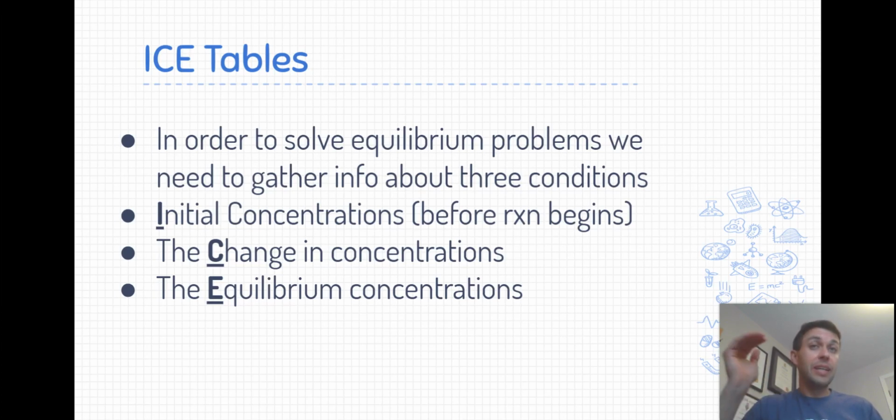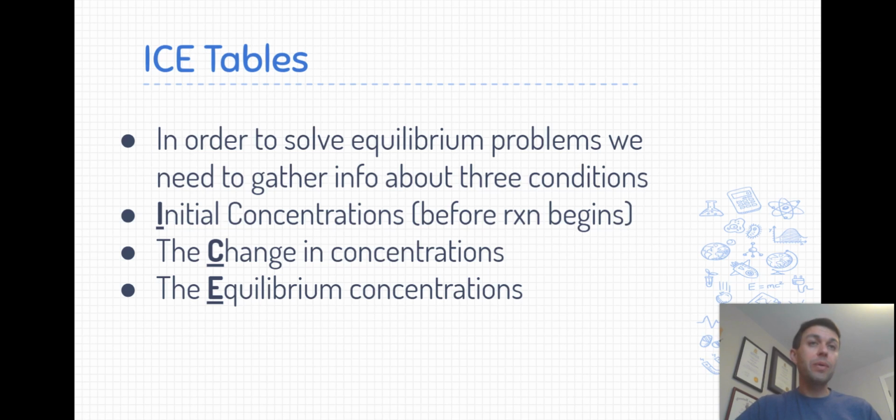ICE stands for Initial Change Equilibrium, and it always refers to concentrations. Initial are the concentrations immediately before the reaction begins. Equilibrium, obviously, are the equilibrium concentrations when the system stops changing and reaches that steady state. And then the change is the difference between our starting point and where we end off at equilibrium.